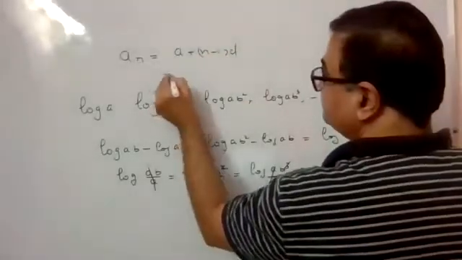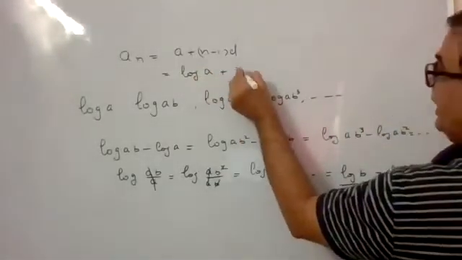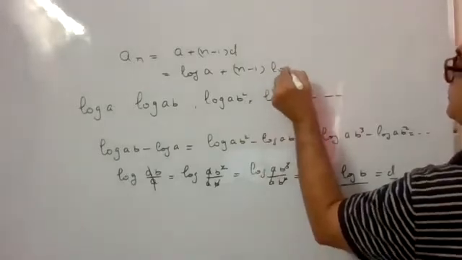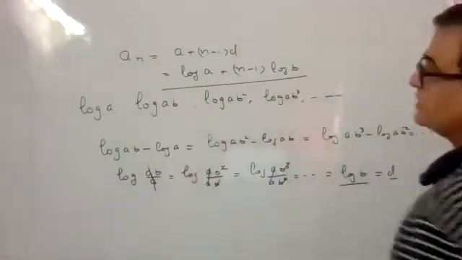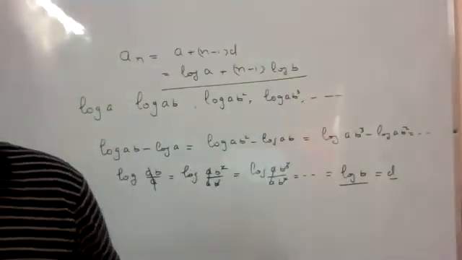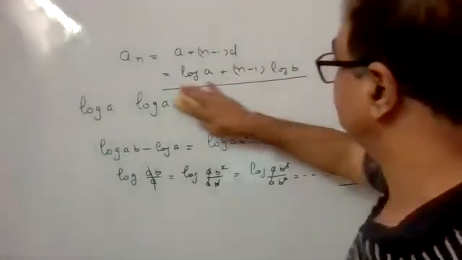What is A? Log A. Log of A plus n minus 1 into D, which is log B. This is the answer. Can this be simplified?